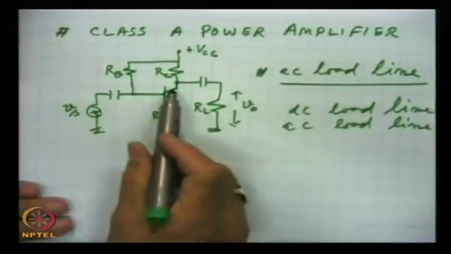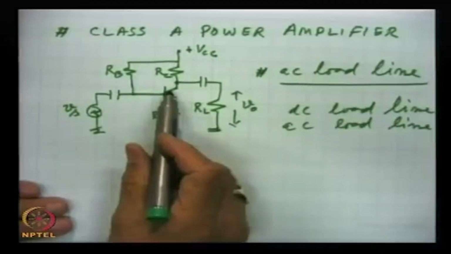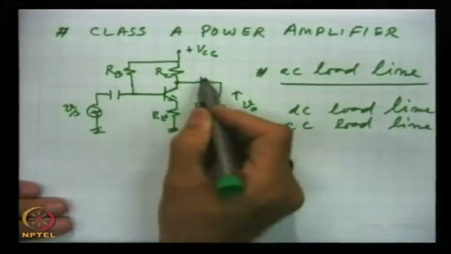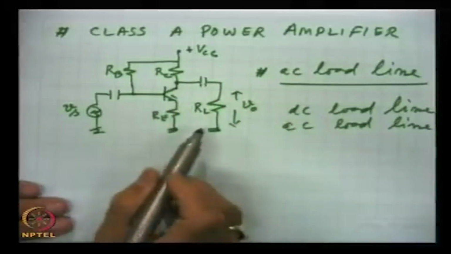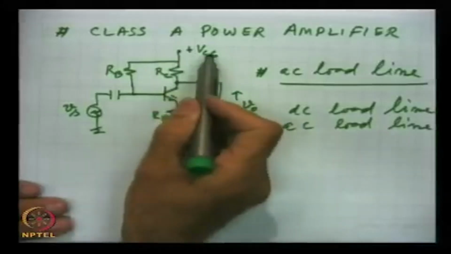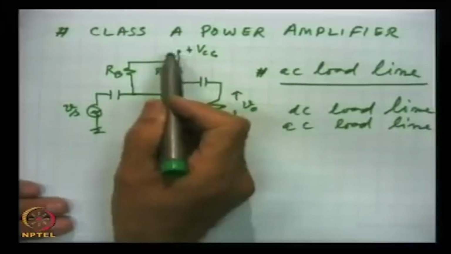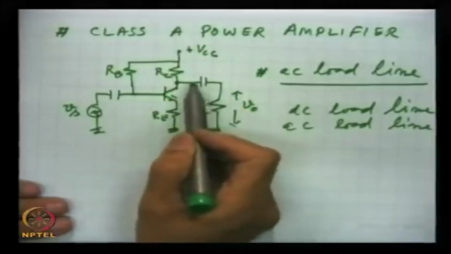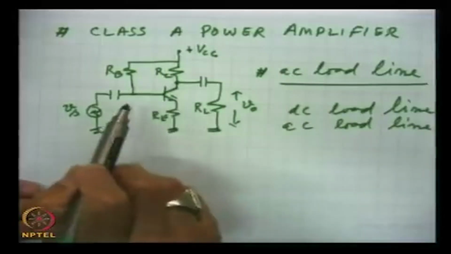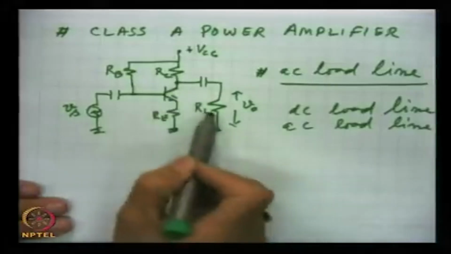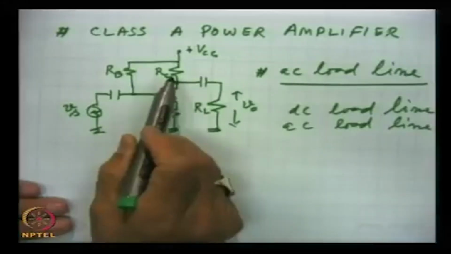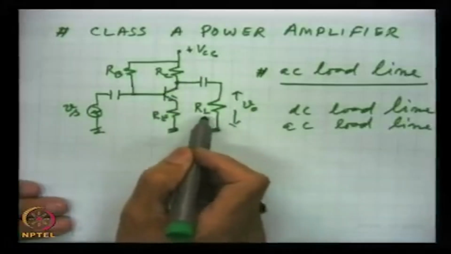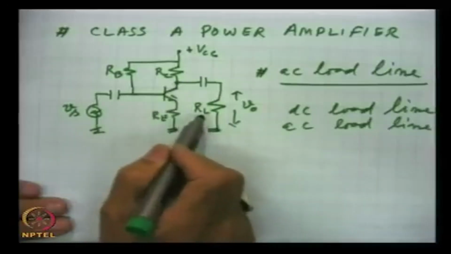So, the collector will see only the resistance RC, but when we take the AC equivalent, then DC voltage sources have to be grounded and capacitors are taken as short. In that case, the collector resistance RC and the load resistance RL come in parallel.